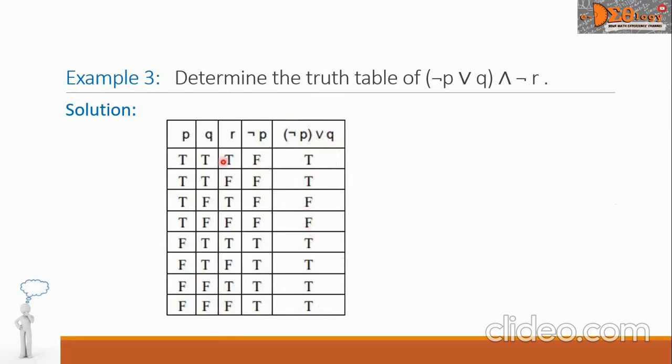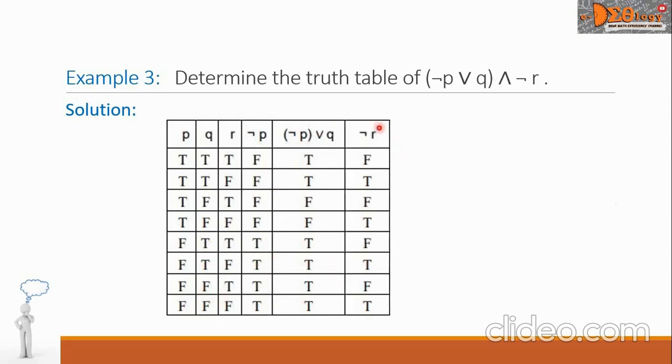So we have this F and T is T, F and T is T, F and F is F, F and F is F, T and T is T, T and T is T, T and F is T, T and F is T. So we have completed our column here.